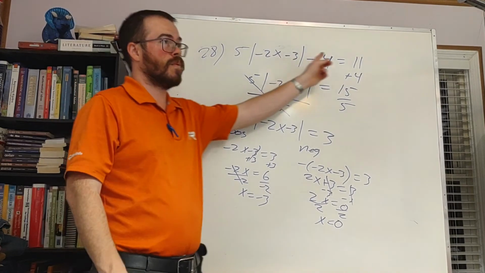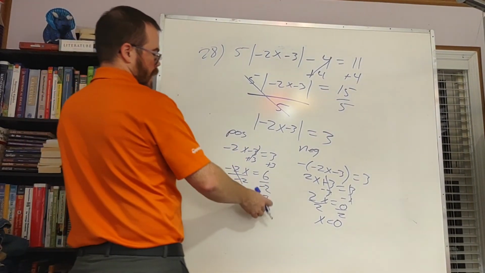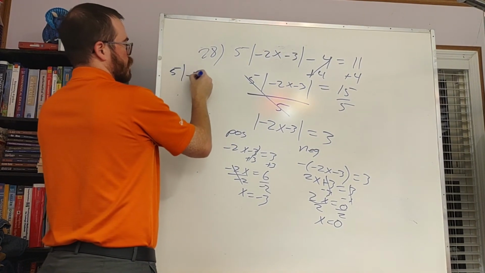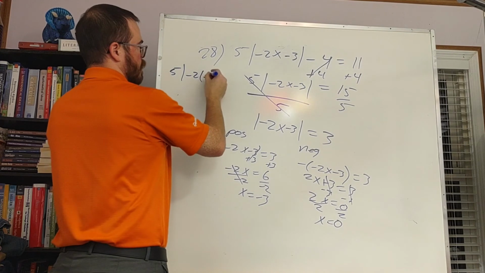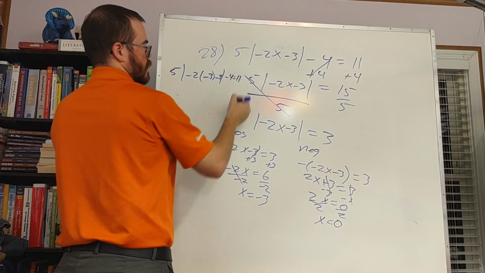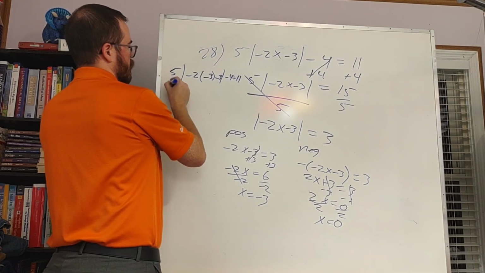We have to go back to the original one to plug in. We're plugging in -3 to begin with. So we've got 5 absolute value of -2, plug in -3 for x, -3, -4 equals 11. So let's see if that works. So we've got -2 times -3.